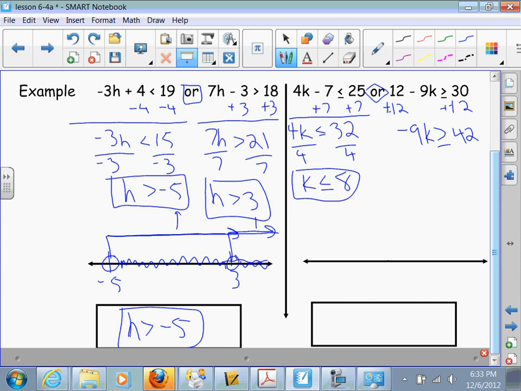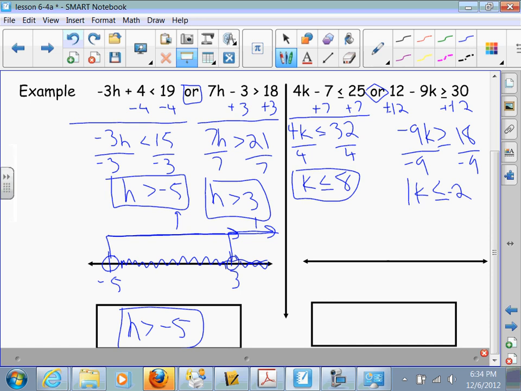Minus 12, minus 12. That's why I was pausing there for a second. It didn't look right. Minus 12, minus 12. So that gives me that negative 9k is less than or equal to 18. Much better. Okay. Divide by negative 9, divide by negative 9, and switch that symbol. K is greater than or equal to negative 2.